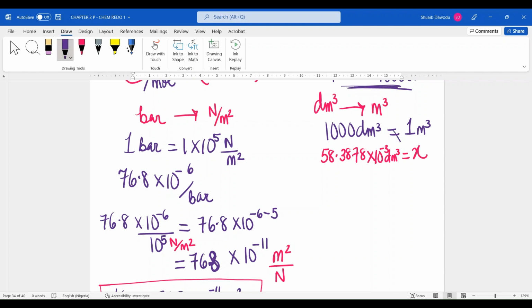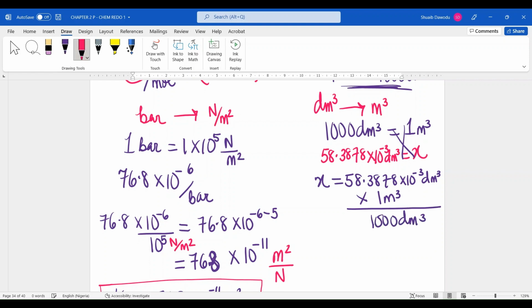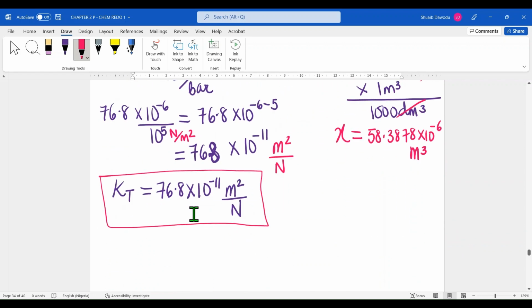You cross multiply, so x is equal to 58.3878 times 10 raised to the power of negative 3 dm cube times 1 meter cube divided by 1000 decimeter cube. You cancel out decimeter cube, and then 58.3878 times 10 to the power of negative 3 divided by 1000 will give you 58.3878 times 10 raised to the power of negative 6 meter cube. So we have successfully converted the volume.